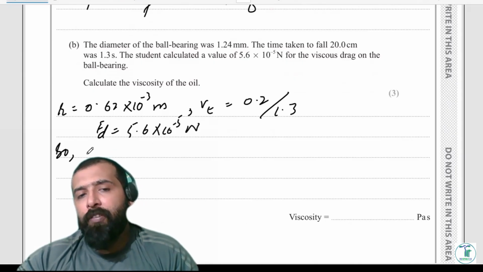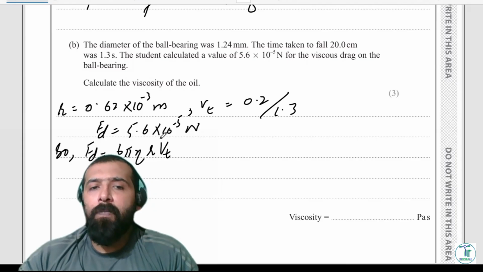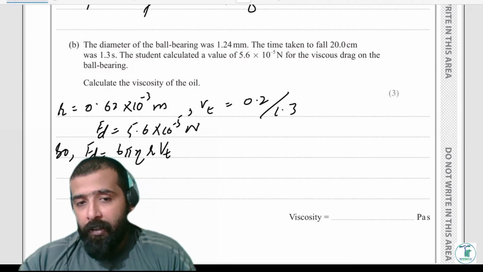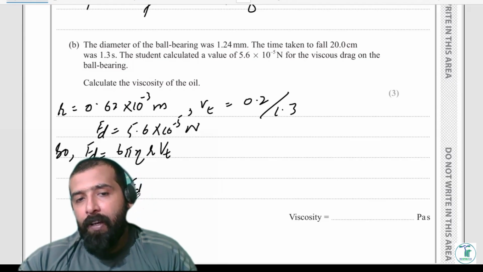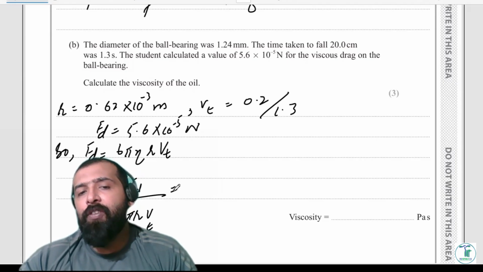By using the same formula, the drag force equals 6 pi eta r v_t, we can calculate eta, and the formula for eta is going to be F_D divided by 6 pi r v_t. Is that clear? Now we just need to plug in the values.